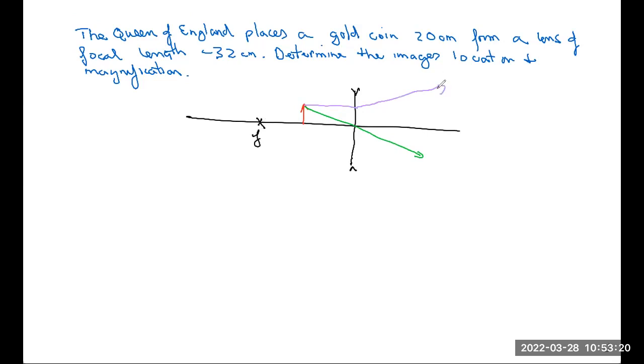So that's this ray in magenta here. And from those two rays, we could construct the image.